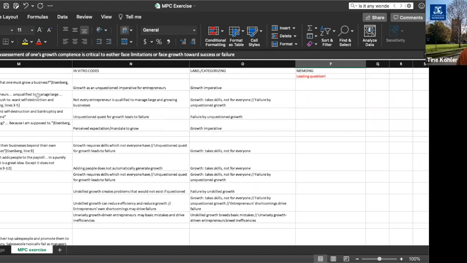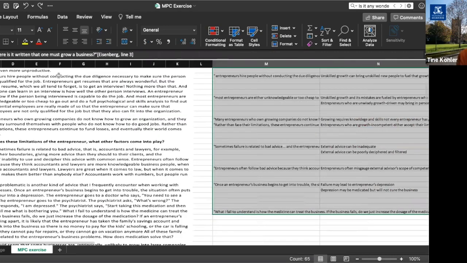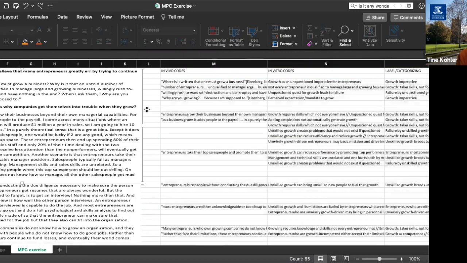So, I think we may have a round to go through, like what everybody else thinks. So for me, for a grounded theory approach, if you go back to the original text, if you just scroll to the left, basically from the text, I would call it much more granular.